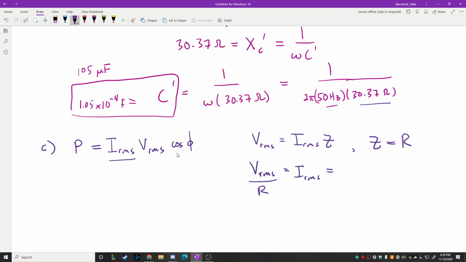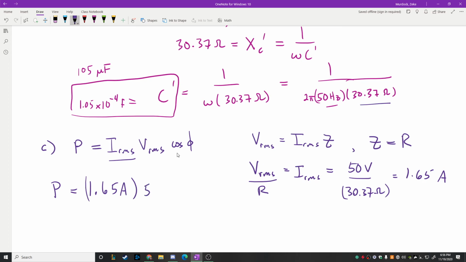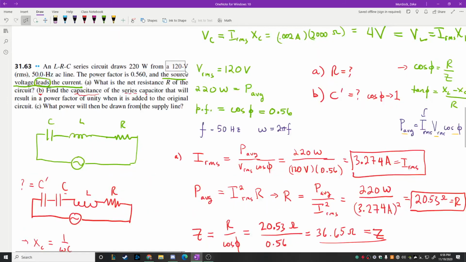The resistance of our circuit's not going to change. It's still going to be this quantity right here. So we take our 50 volt line, divide by 30.37 ohms, and get 1.65 amps. And we plug it into this equation, and we'll have 1.65 amps multiplied by VRMS, which was 50. Wait a minute, it wasn't 50, was it? That was the frequency. It was 120. Sorry about that.